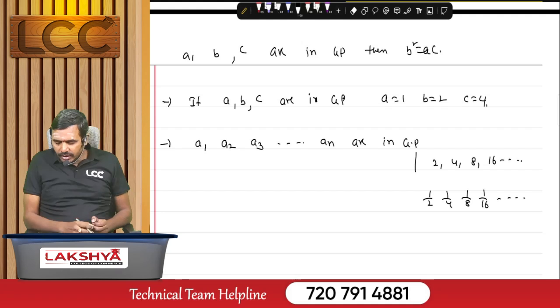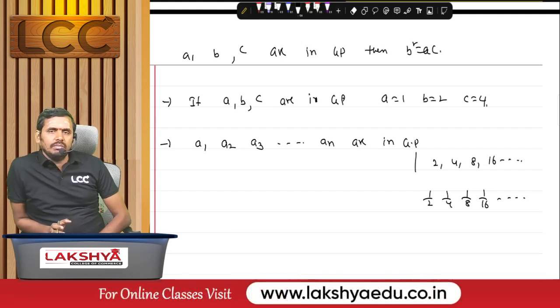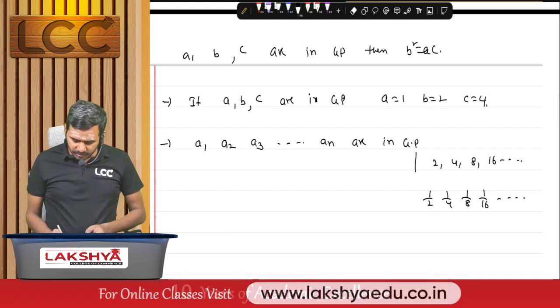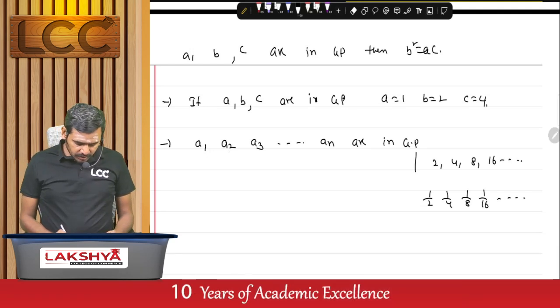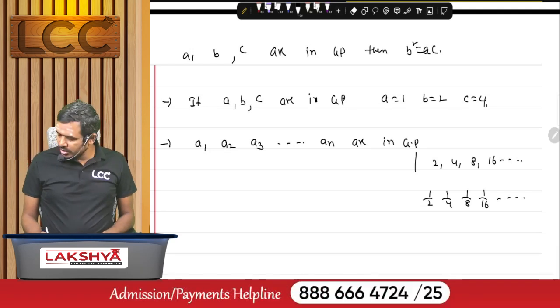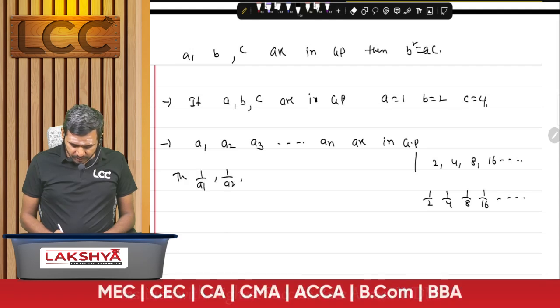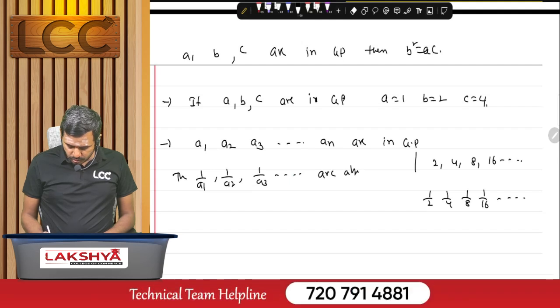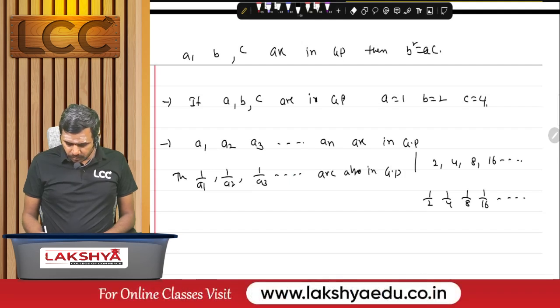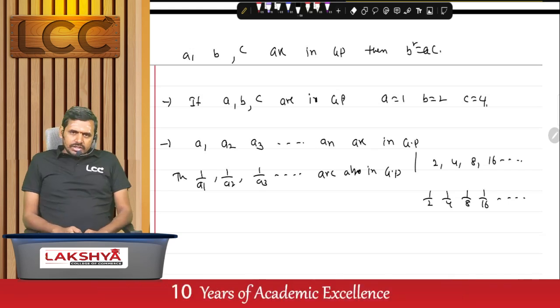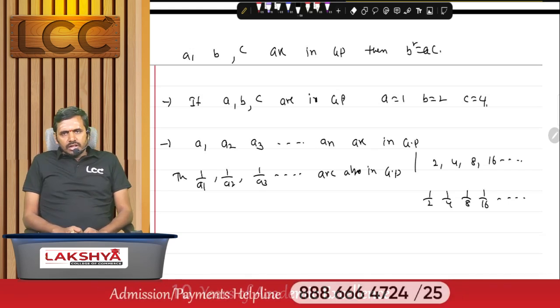Finally we conclude that if A1, A2, and so on, AN are in GP, then 1 by A1, 1 by A2, 1 by A3, and so on are also in GP. If a progression is in GP, the reciprocal progression is also in GP.